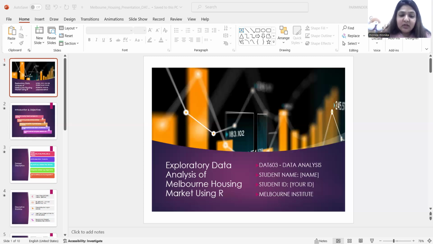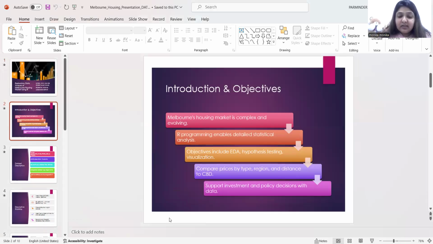The analysis focused on the relationship between house price and several influencing variables, including property type, region, and distance from the central business district, the CBD. All work was carried out using R, a powerful statistical tool, to generate accurate results and visualizations.